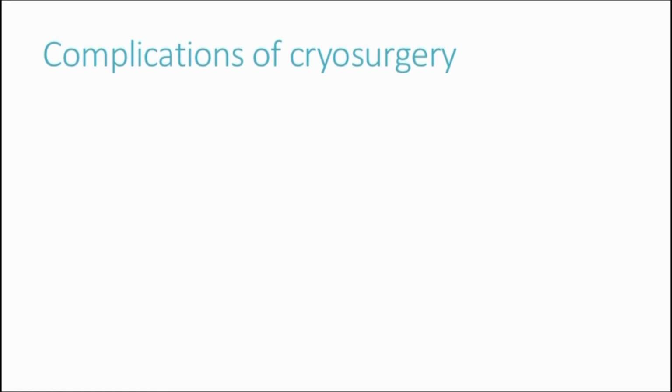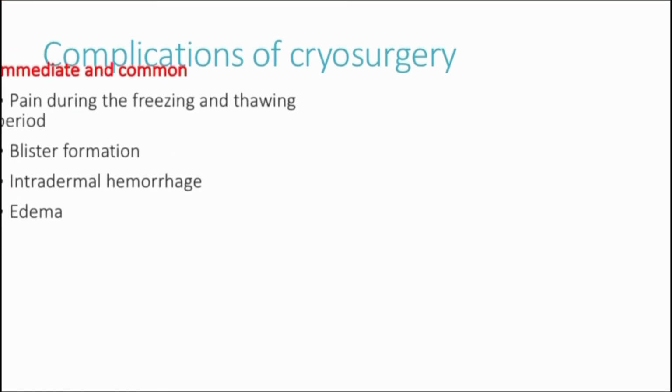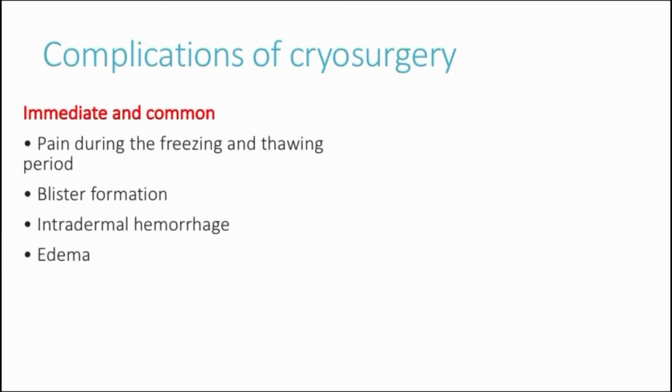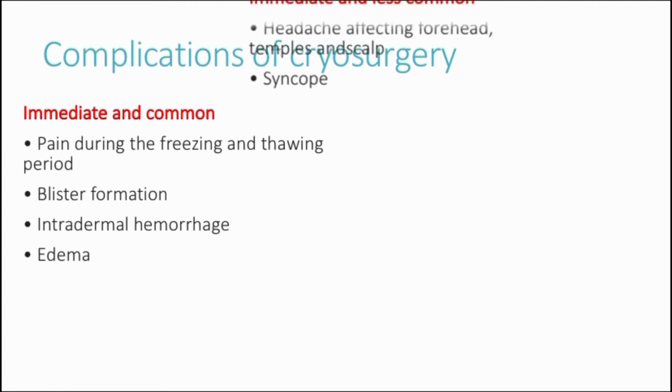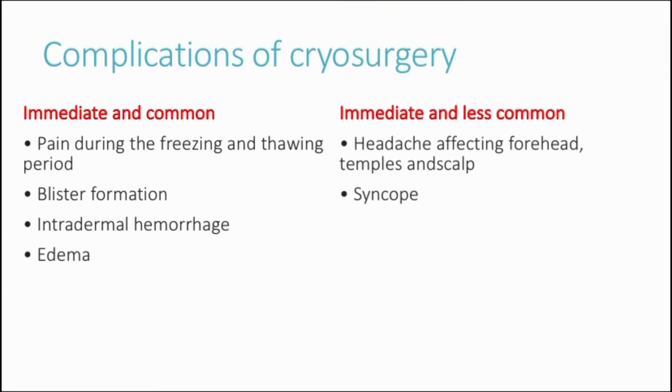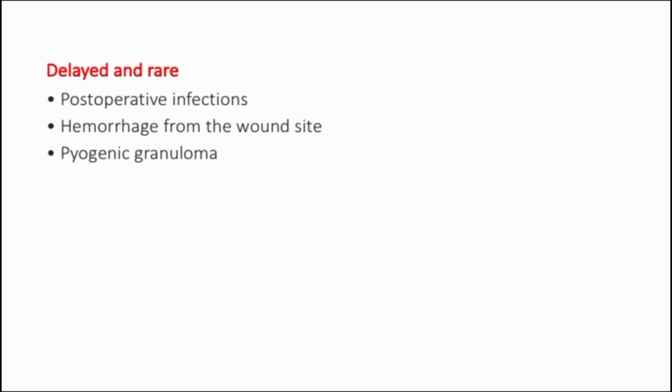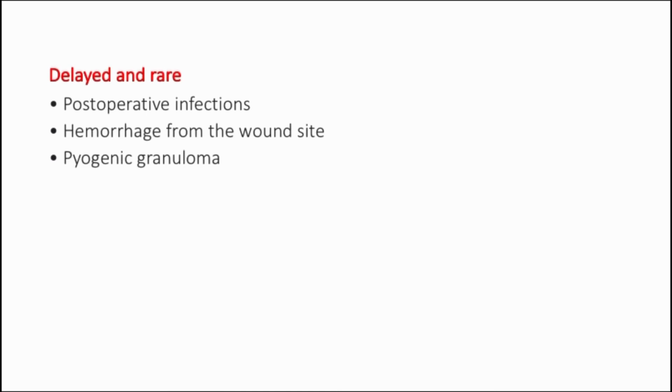Complications of cryosurgery: we have immediate and common complications, which occur directly and are common, which are pain during the freezing and thawing period, blister formation, intradermal hemorrhage and edema. We have complications that are immediate but less common, which are headache and syncope. The complications that are delayed and rare are post-operative infection, hemorrhage from the wound site and pyogenic granuloma.